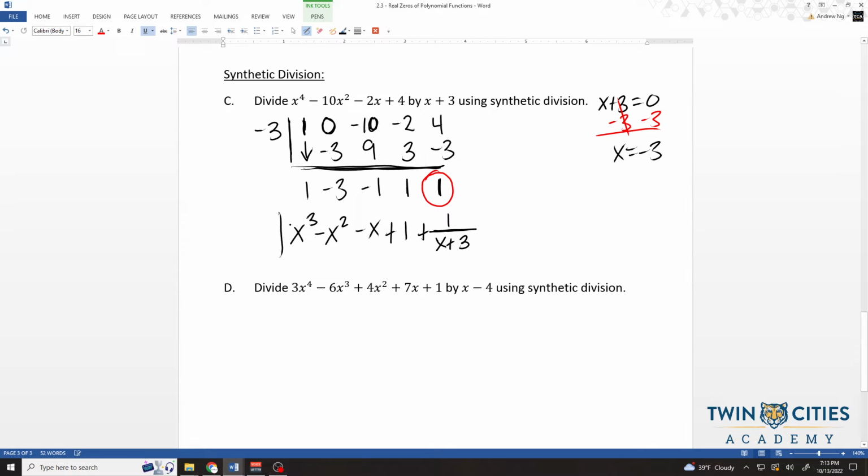So this is your solution and how you use synthetic division.